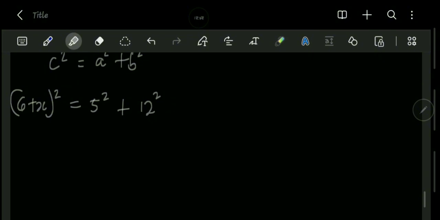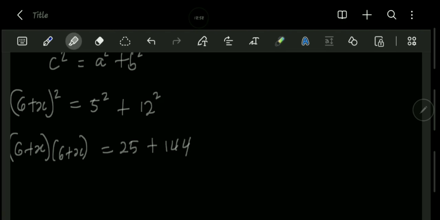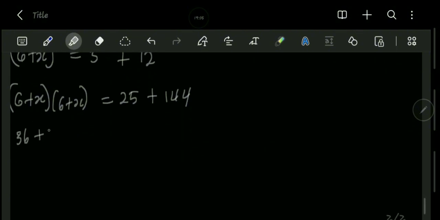If I expand this, this will be 6 plus x and 6 plus x as well, and this will be 25 plus 144. Expanding, I'm going to say 6 times 6 giving me 36, 6 times x giving me plus 6x, x times 6 giving me 6x, and x times x giving me plus x squared.